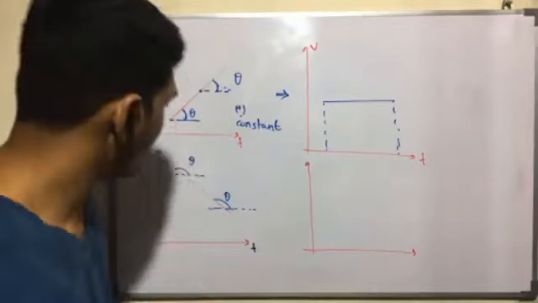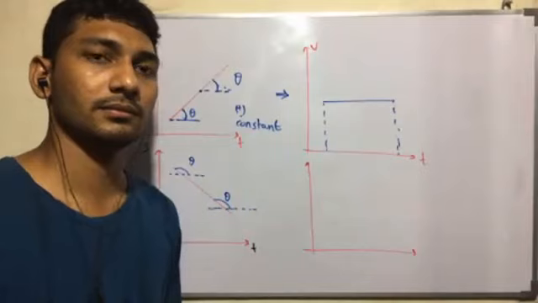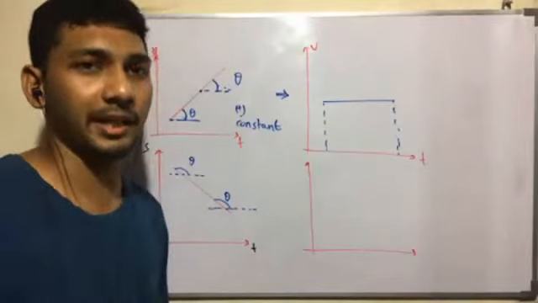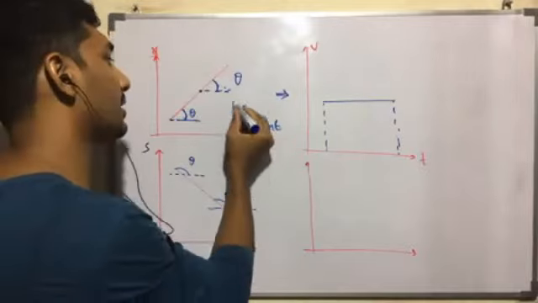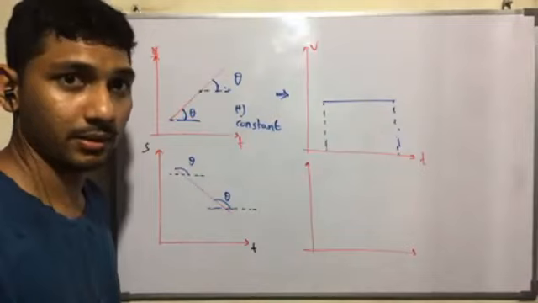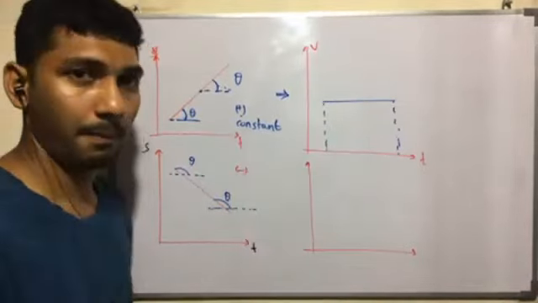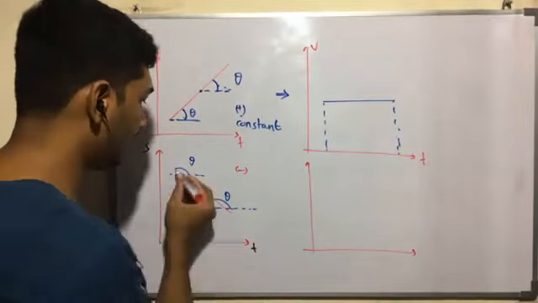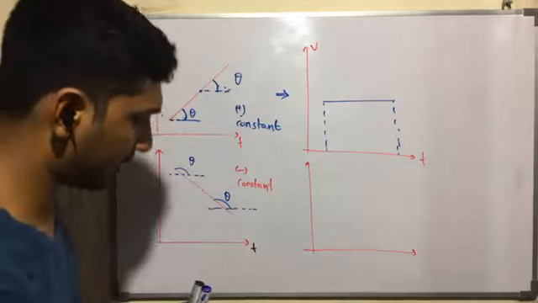But what about the sine? You all said negative. Why? Because we said that for acute angles, the sine is positive. For obtuse angles, the sine is negative. And also here it's constant. So negative and constant.